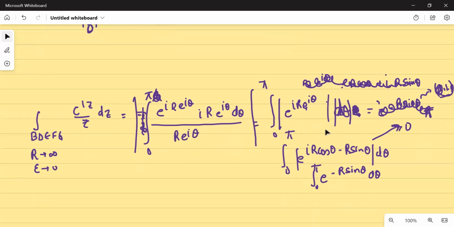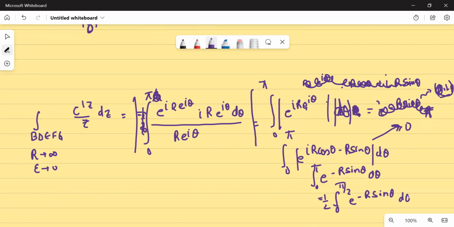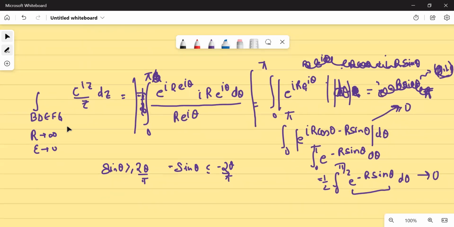And lightly I had given the idea earlier that sin of pi minus theta is sin theta, so you can write it as pi by 2, take half ahead, e to the power minus r sin theta d theta, and we saw that sin theta is always greater than or equal to 2 theta upon pi, so minus sin theta will be less than or equal to minus 2 theta upon pi, and with the same step that I did, you can clearly see that as r tends to infinity, this will tend to 0. The same step that I did in the discussion of the previous problems. Is that clear?